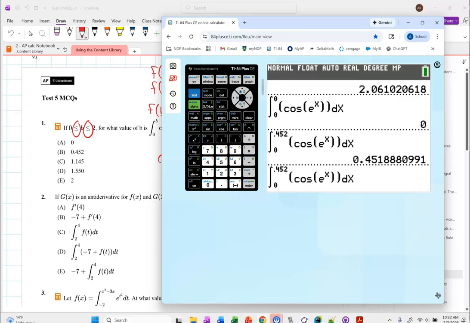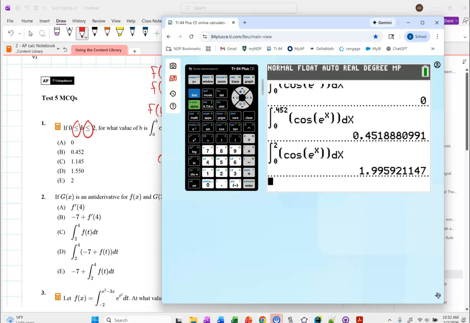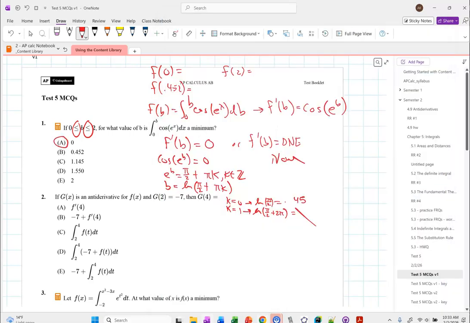And then we'll do 2. So what's my winner? A is the smallest. And good gravy, I hope I did that right.